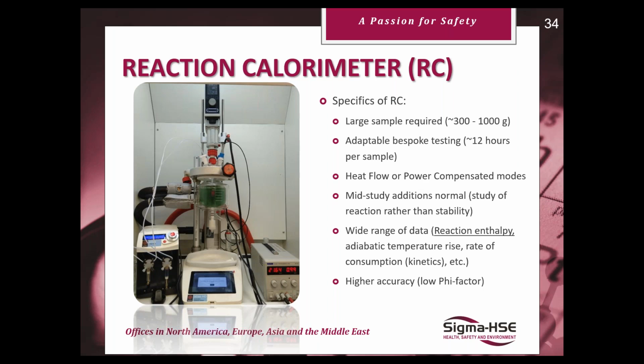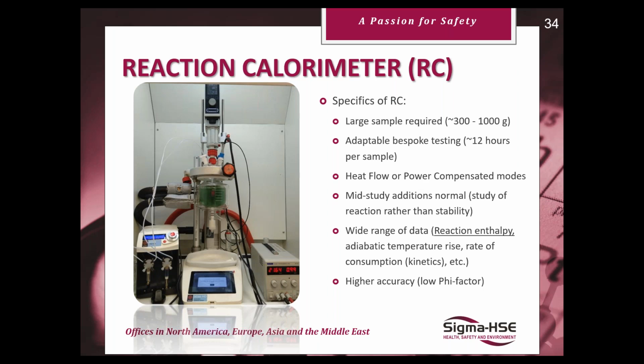You can see that's a glass reactor vessel, and we actually have that surrounded by a water jacket, which is in turn surrounded by a vacuum, so that the only heat transfer between the water jacket and the reactor vessel can occur. This increases the accuracy of the measurement by decreasing the phi-factor, which we've talked about before.